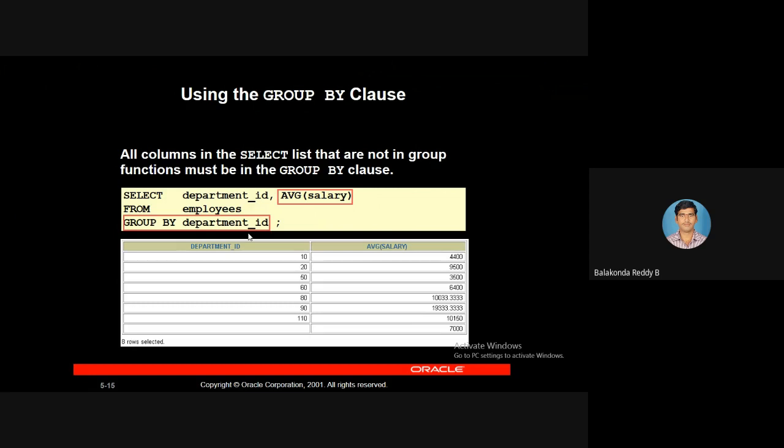What is the output of that query? That query gives the count branch wise.